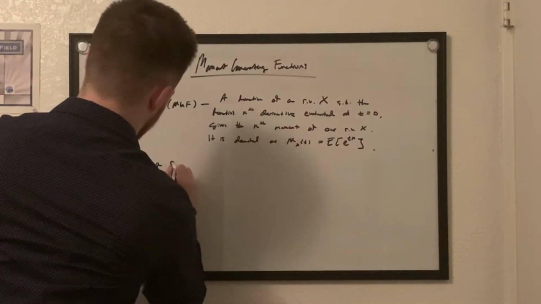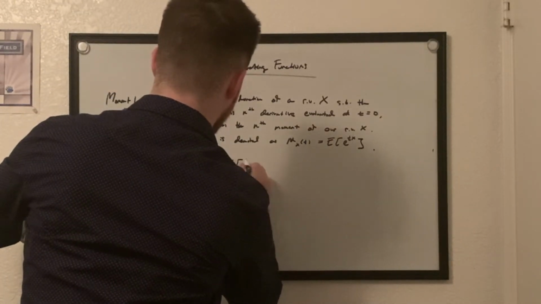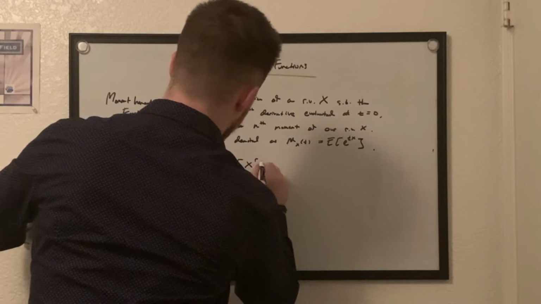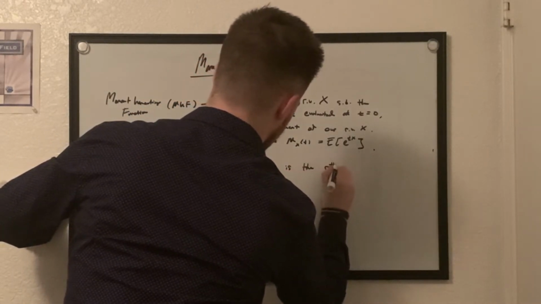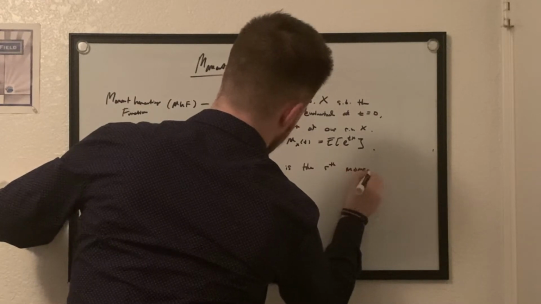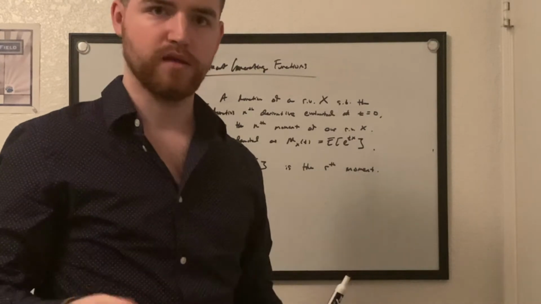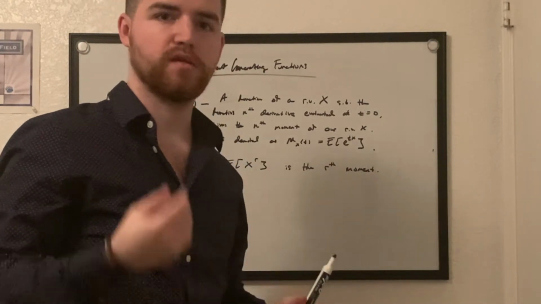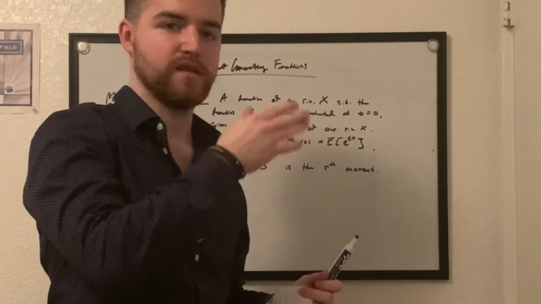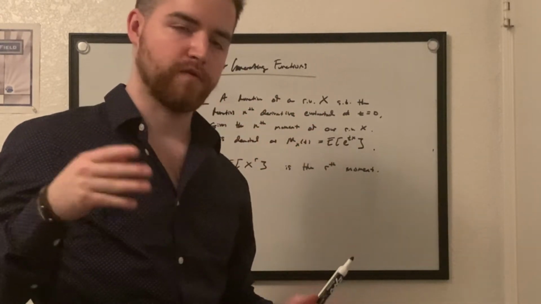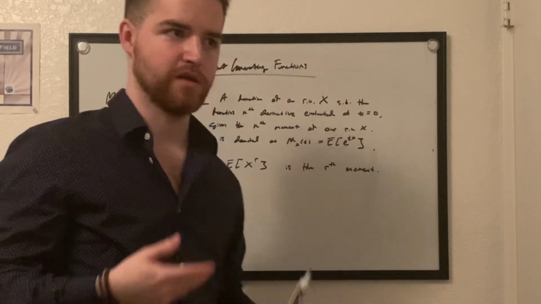A random variable's rth moment is simply the expected value of x to the r. So the expected value of x is the first moment, the expected value of x squared is the second, variance is the second moment minus the square of the first moment, the expected value of x cubed is the third moment, and so on.